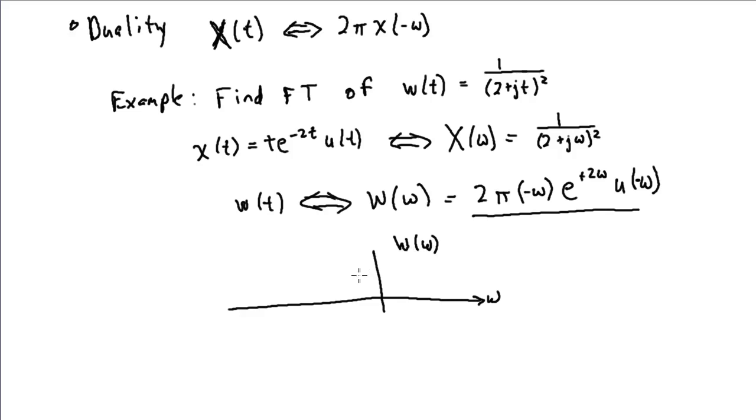So this is only going to be non-zero for negative values of omega. And then for those negative values of omega, this is a decreasing exponential. Also, because omega is negative, the negative omega is going to result in a positive value. So this thing's going to look roughly like that. The exponential, as omega becomes more negative, this term is going to go to 0.